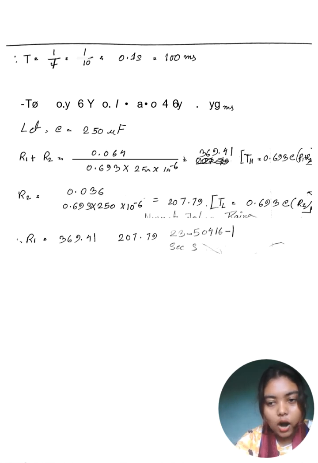The calculation for R2 uses the TL value and the capacitor value. Based on these calculations, R2 is determined to be approximately 207.79 ohms, and R1 is then calculated by subtracting R2 from the sum. The calculation results in R1 being approximately 161.62 ohms.